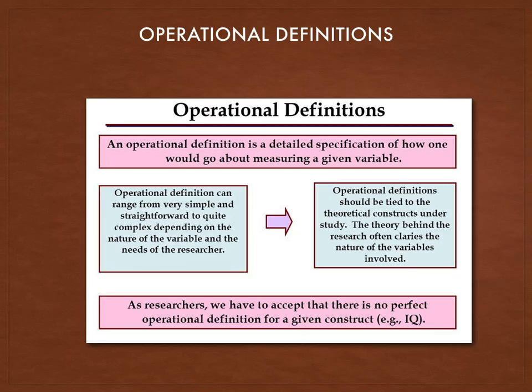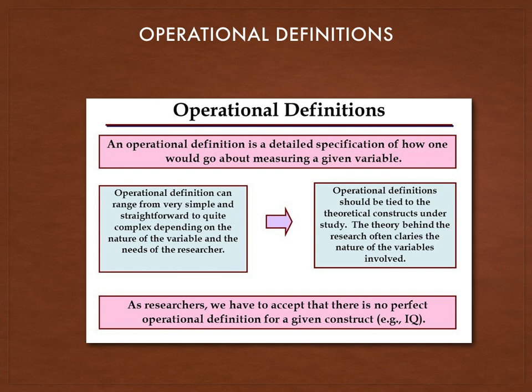Operational definitions is on the screen. We have to define the terms that we use in our research, to make sure that everybody who is reading our paper, reading our article, has an understanding of how we are defining terms.